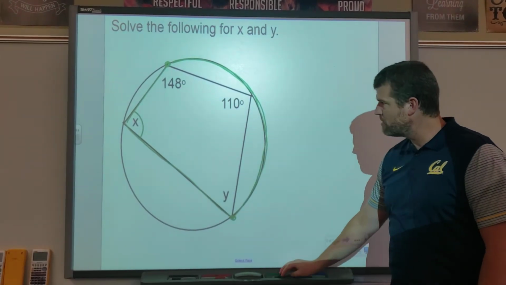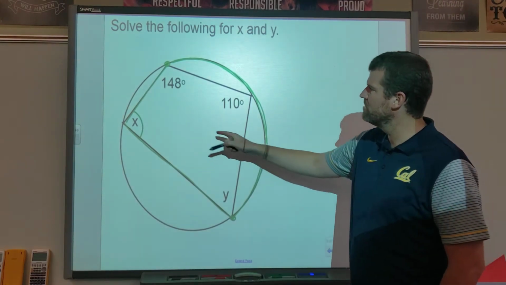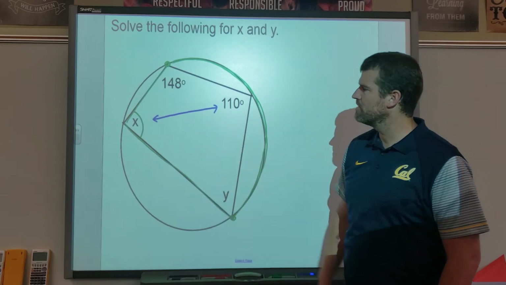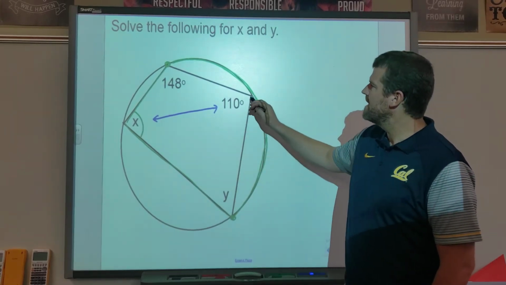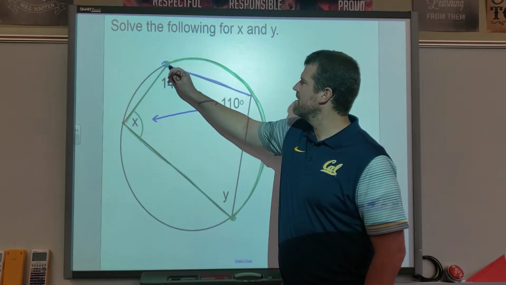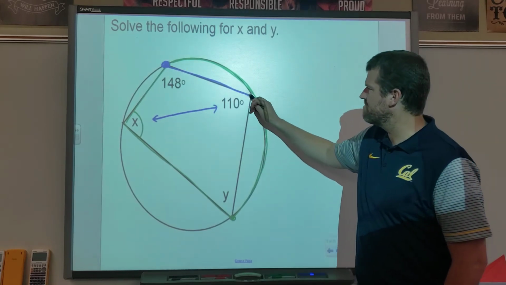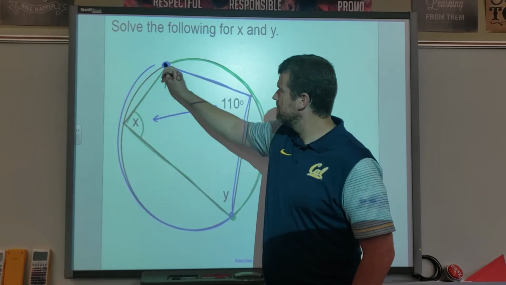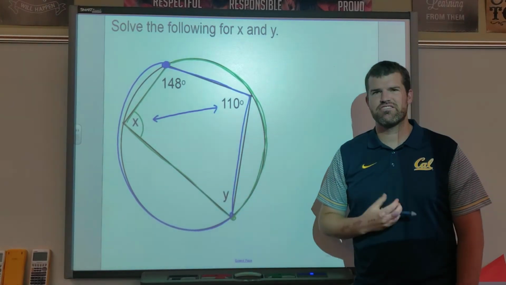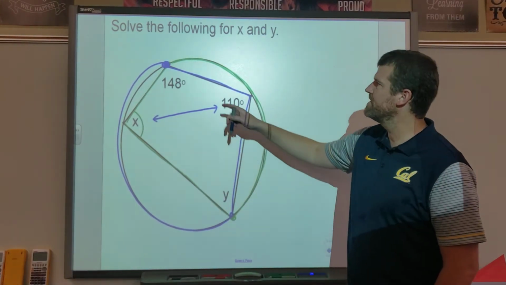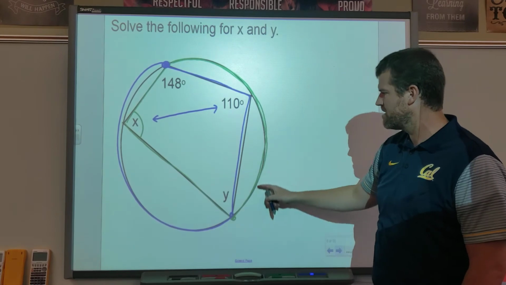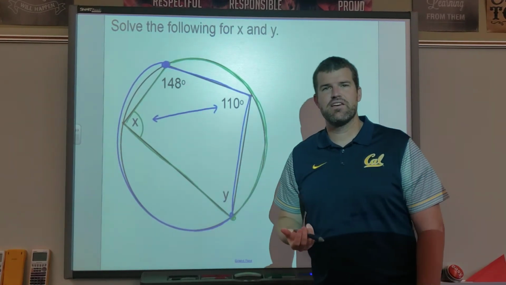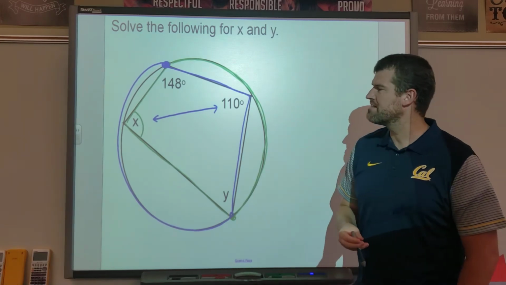But then I also notice that if I go to the angle across from it, I'm looking at these two angles that are across from each other, if I find the arc that goes with this inscribed angle, that's the other half of the circle. So if I think of this green arc as a minor arc, this blue arc would be the major arc. And together they form 360 degrees.